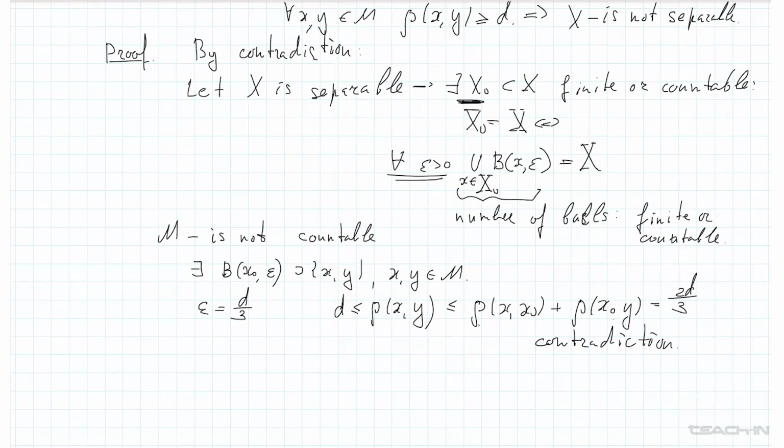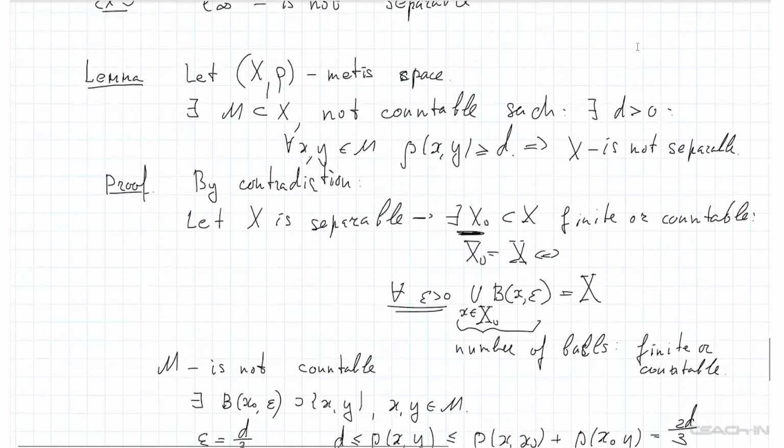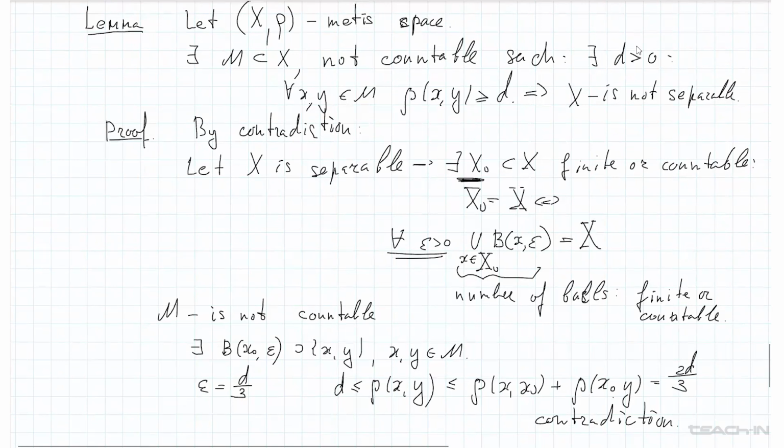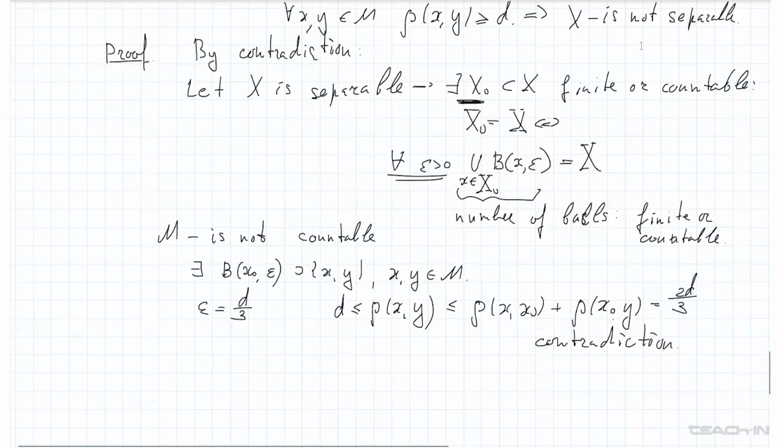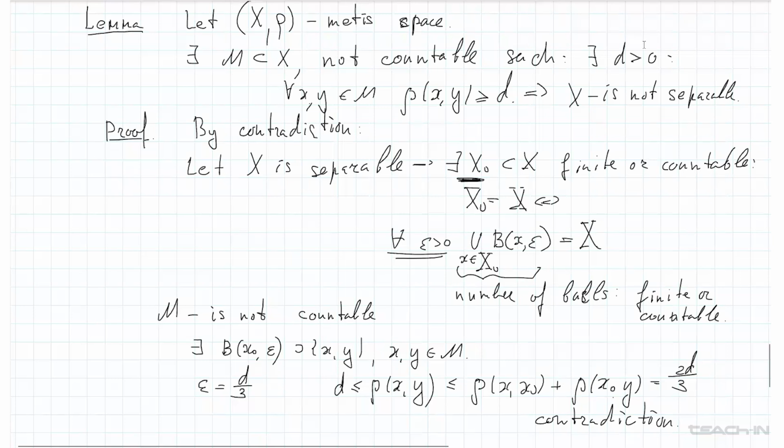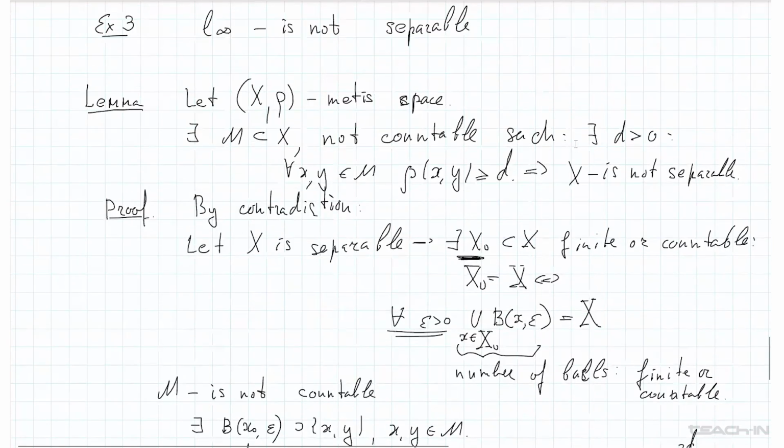So this is the finish of our proof. Is it clear? This was the basic idea. The short statement of the lemma is that if the distance between points in an uncountable metric space is bounded from below, then this space is not separable.